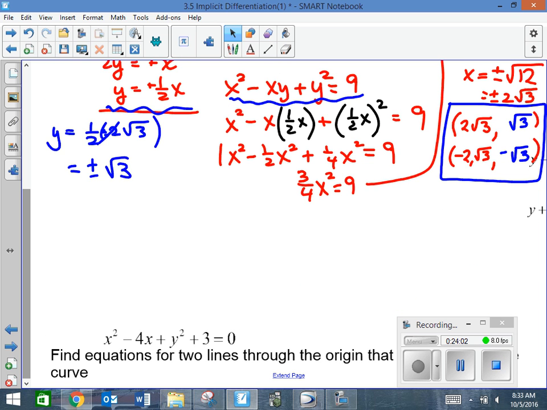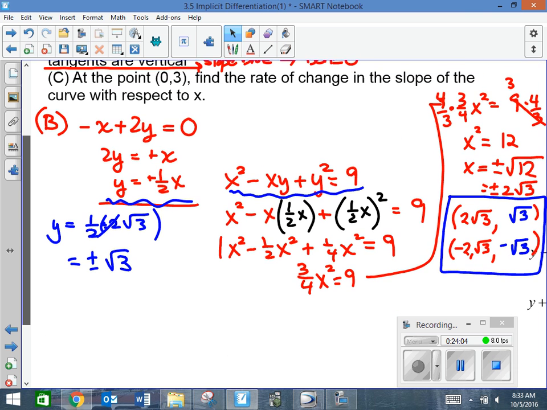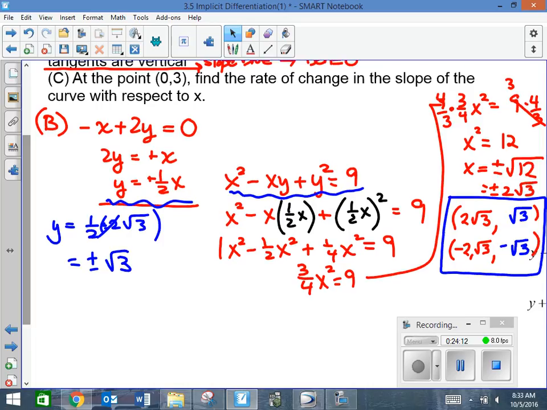Part C, at the point (0, 3), find the rate of change in the slope of the curve with respect to x. What are they asking us to do? Rate of change in the slope.